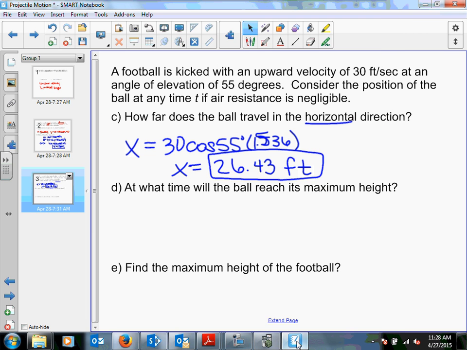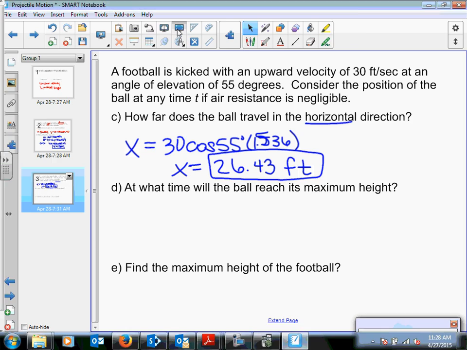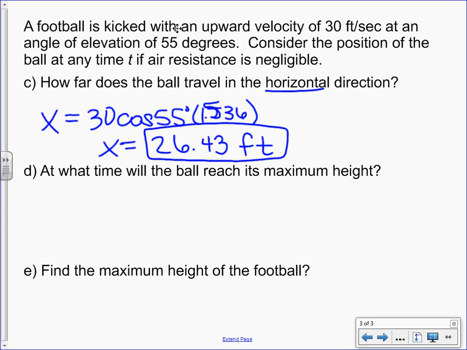All right, let's continue. At what time will the ball reach its maximum height? Now let's think about the shape of our curve. What did we say our curve was? A parabola. What specific point on this parabola would represent the maximum height? The vertex.